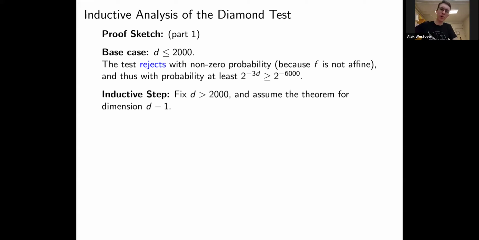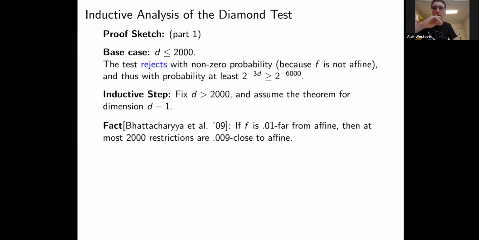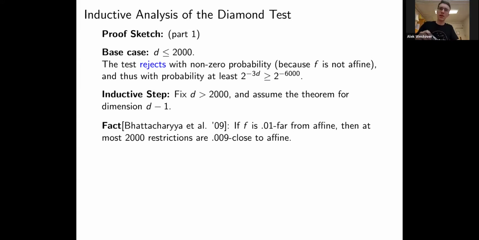In the induction step, we fix some dimension and assume the theorem for smaller dimensions. An important thing we're going to use is that if f is far from affine, then it cannot have more than a constant number of restrictions which are very close to affine. This is a nice result, and it should be pretty intuitive.